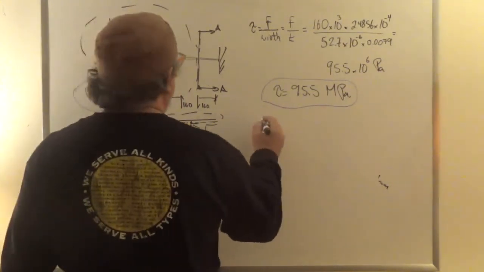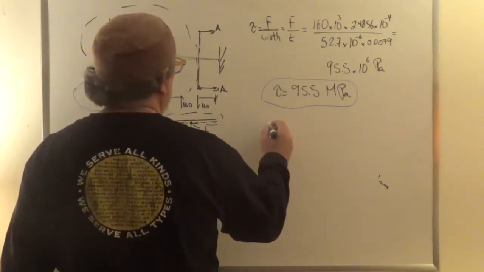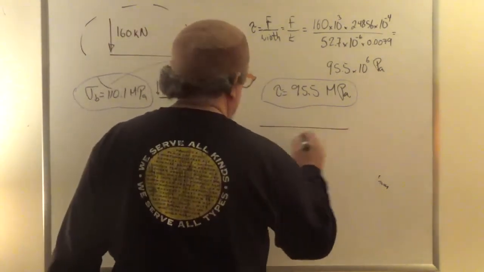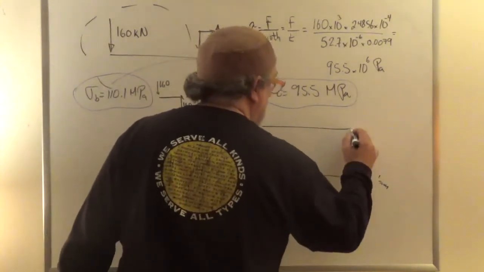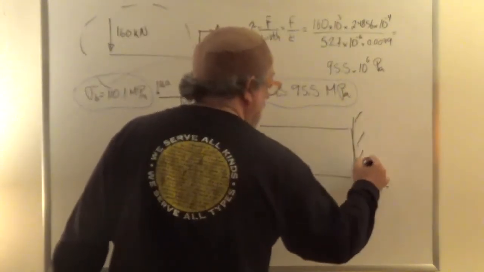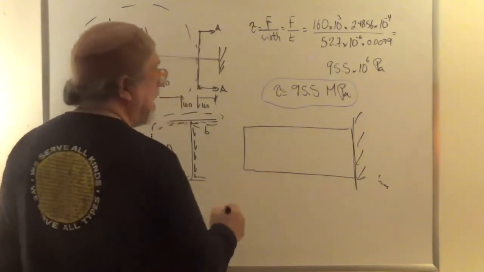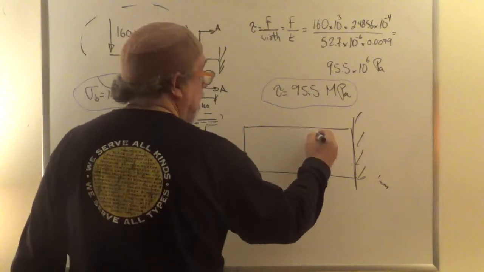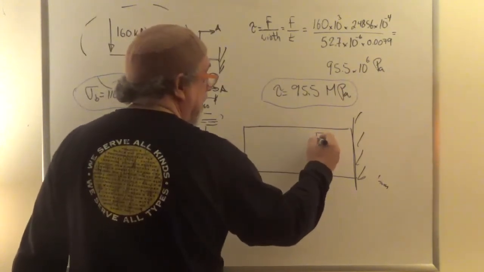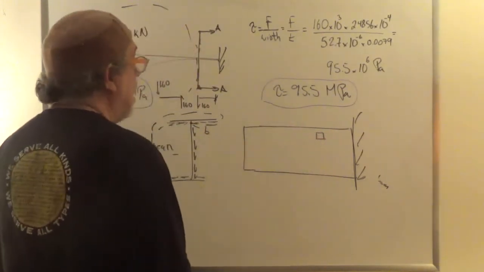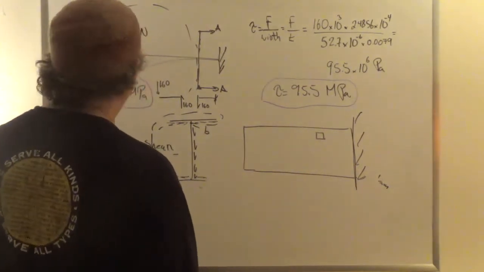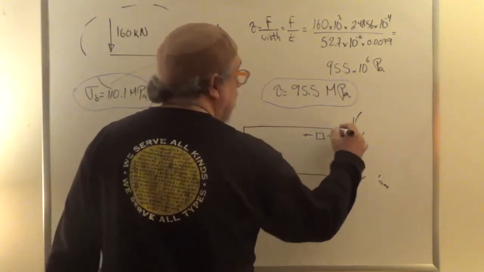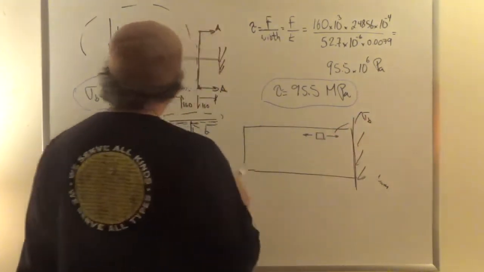So if we have, let me see, how do I illustrate this? That's the cantilever, right? I'm going to draw it a little bit lower so that I can show the point, but basically we are talking about an element that is way up here, right? Like that. Now that element we found that has a tension stress due to the bending like this, which is sigma B, which is this number, right?